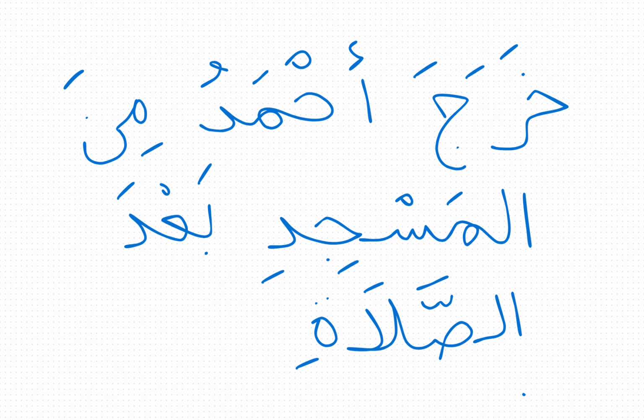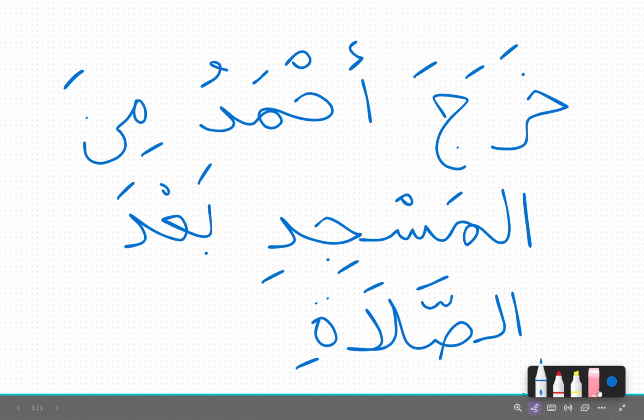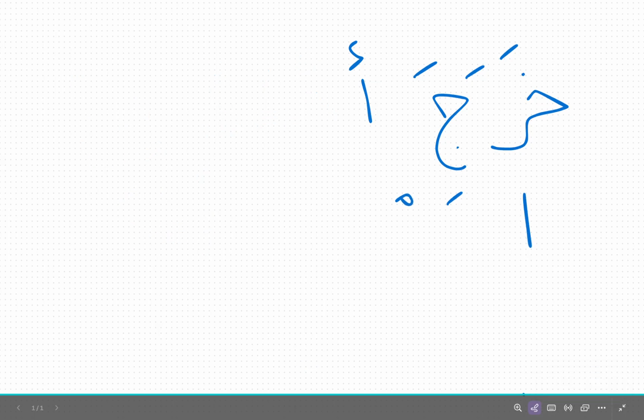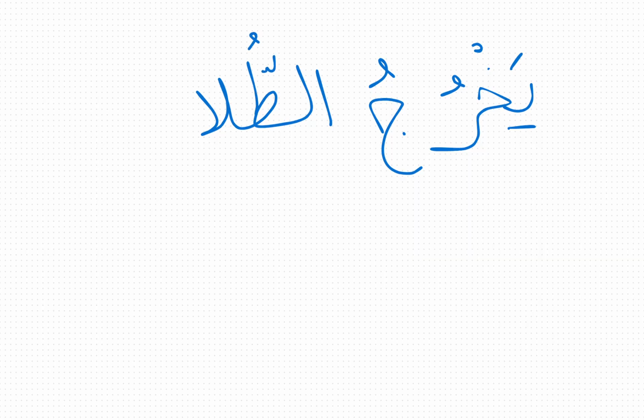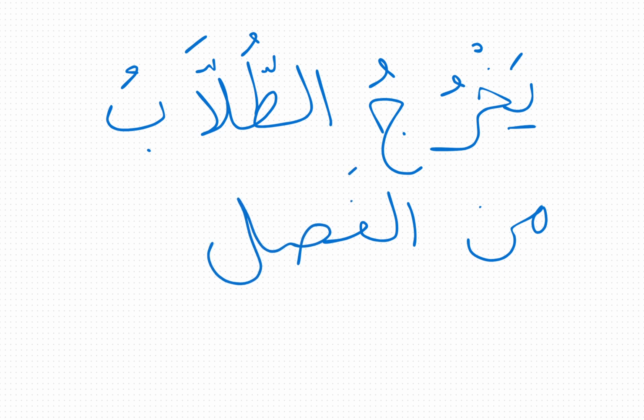The second sentence, inshallah, we're going to use the fi'l mudari. With the fi'l mudari, the way that we put the sentence together is going to be a little bit different, but still easy. So in the second sentence we're going to say: yakhruju at-tullabu min al-fasli ba'da ad-darsi.